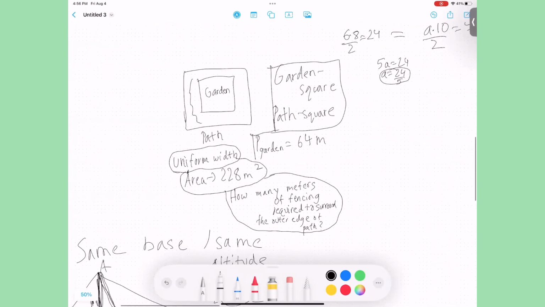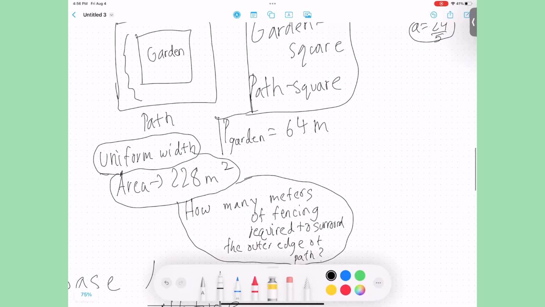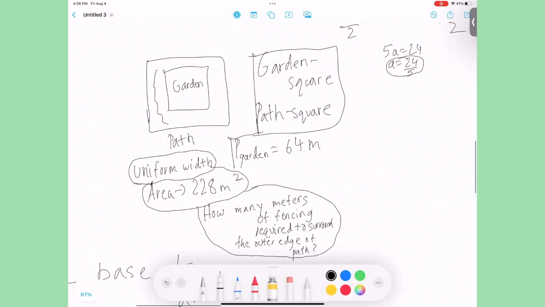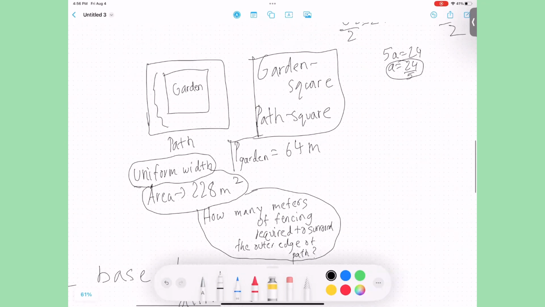Yeah, the garden and the square path. Just write down the answer in the chat. We will discuss at 5 o'clock, so 3 more minutes.